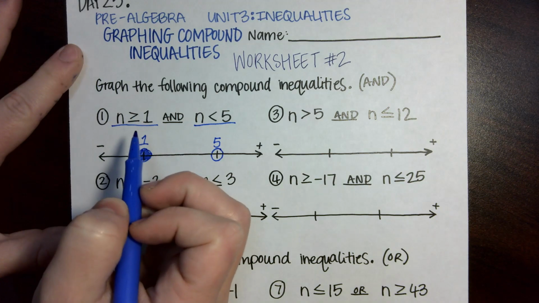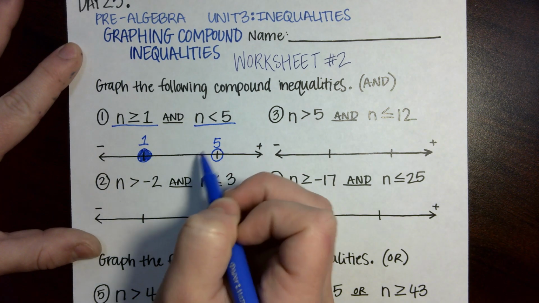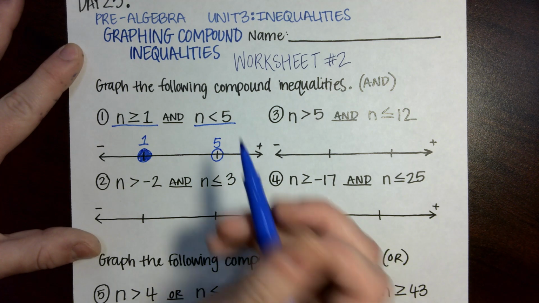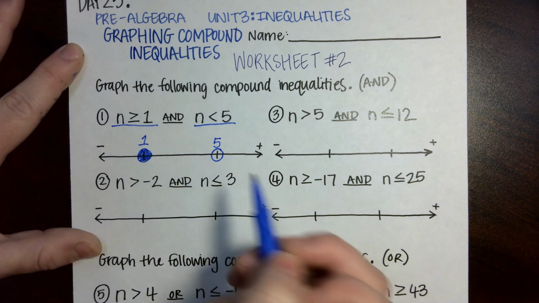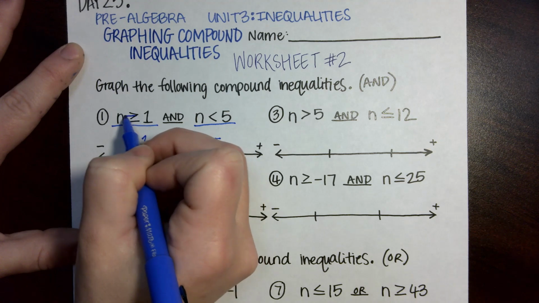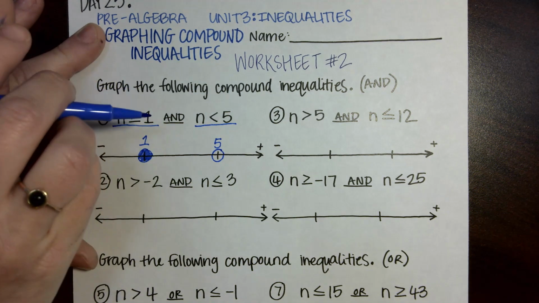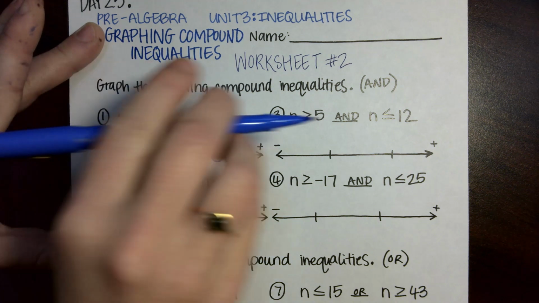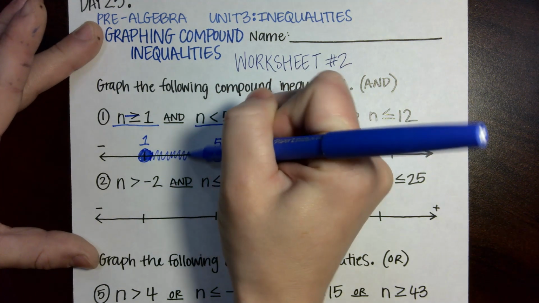Now all we've got to do is, first of all, we know that with AND inequalities we shade in the middle. But if we ever forget that, we can just look at the way our arrows or our symbols are facing. I know that N is greater than 1, so the arrow is pointing towards the right where the numbers get bigger, so I'll be shading this way.